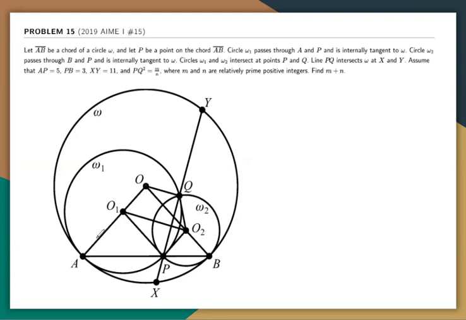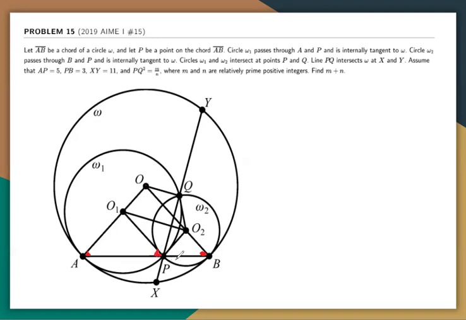The first thing we can see is that AO is a straight line, which is a radius, and OB is also, which is why this angle and this angle have to be equal, because they are the base angles of the isosceles triangle. Similarly, O1 is the center of this circle, so AO1 and O1P are also radii of the smaller circle, which is why the angle right here is also the same.